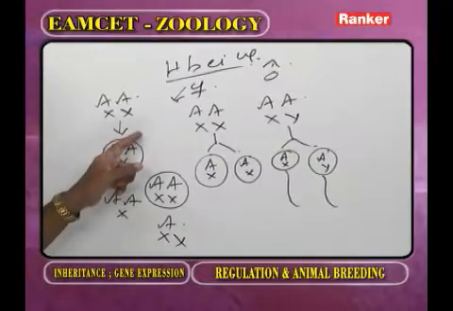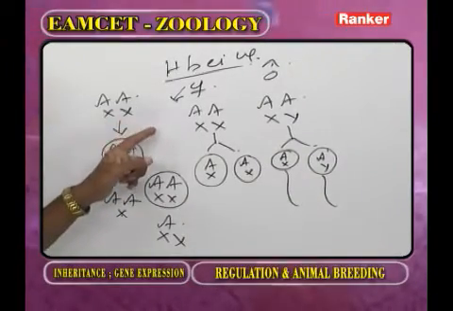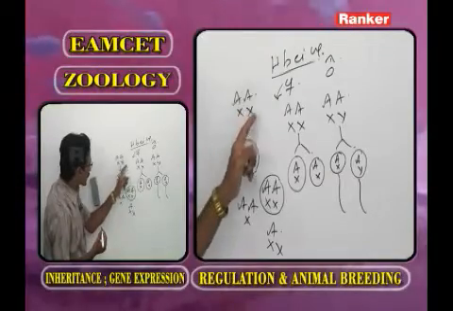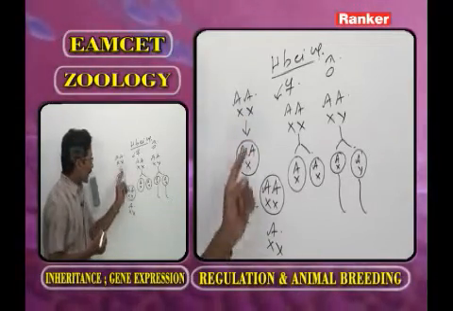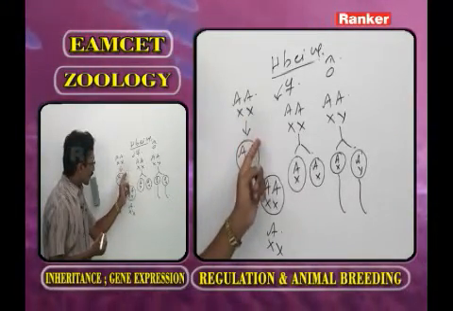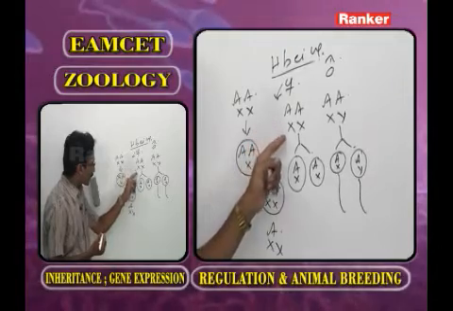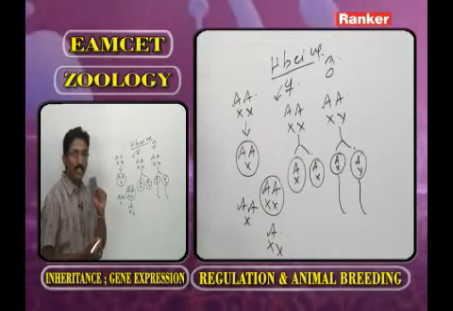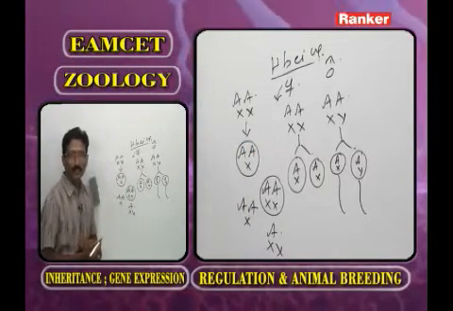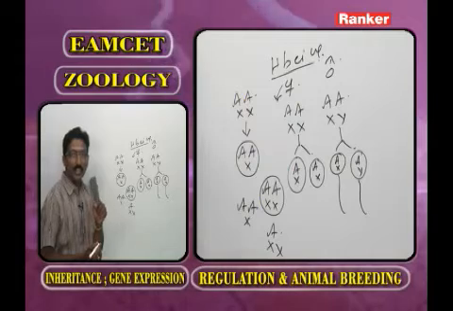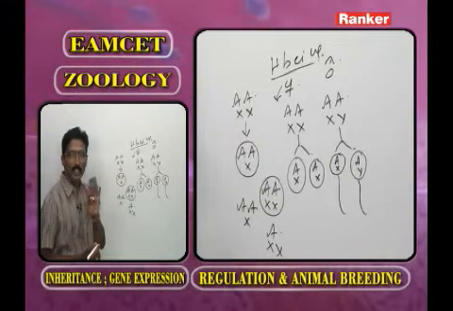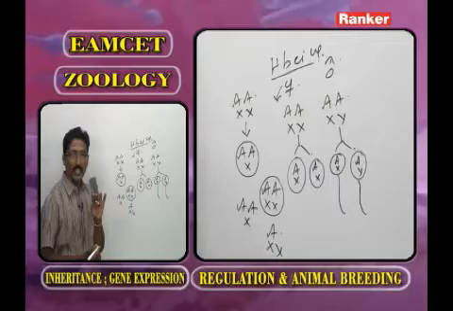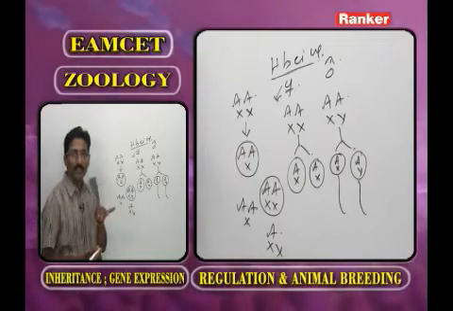So here the chromosomes are not separated in a proper way. If the chromosomes are not separated in a proper way, that is called non-disjunction. Because of the non-disjunction, that means chromosomes are not separated properly, we are getting abnormal gametes.